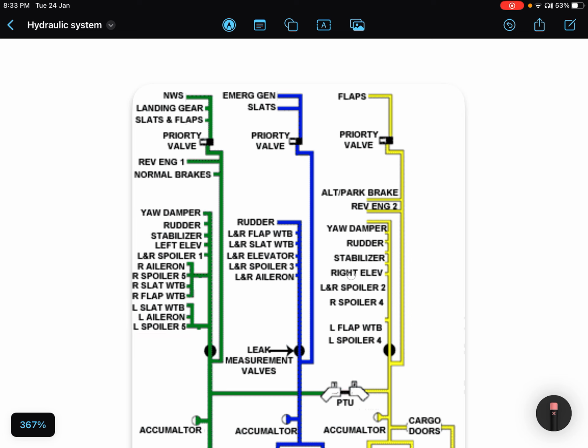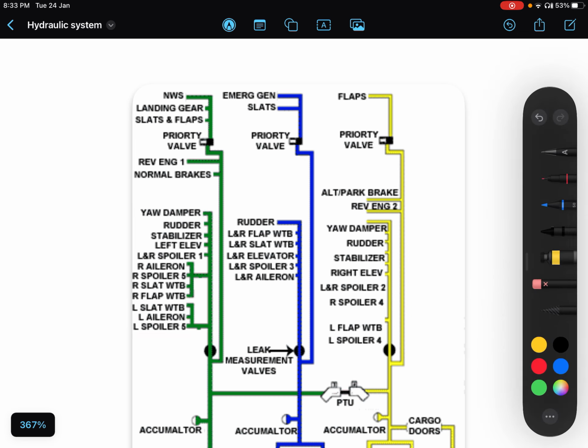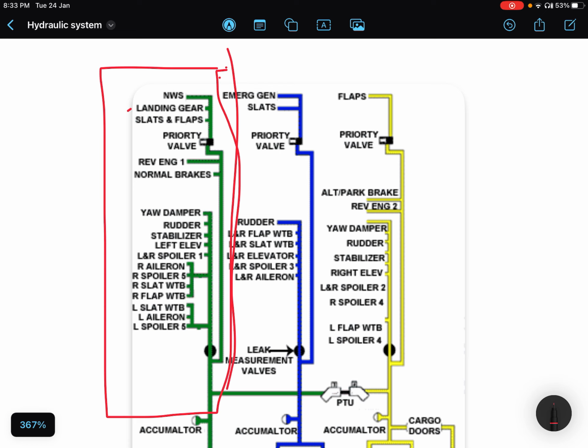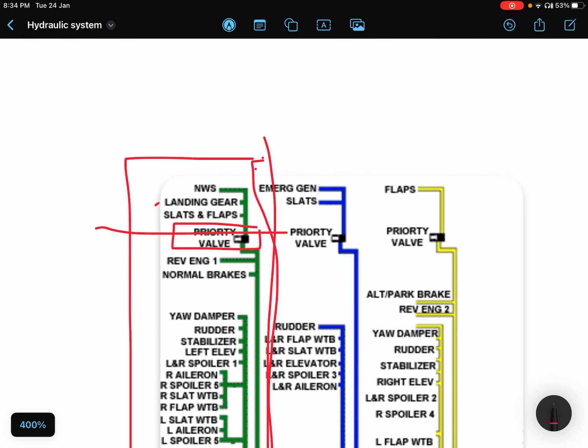Is it clear? Now you will think, when these are some important hydraulic users, how can you cut the supply? Okay, let's say there is a fault in the green system. This priority valve will cut the supply of landing gear and slats. By the way, I would like to clear this thing here only. Nose wheel steering is no longer with the green system now. It used to be with the green system in older aircraft. Now nose wheel steering is with the yellow system, right?